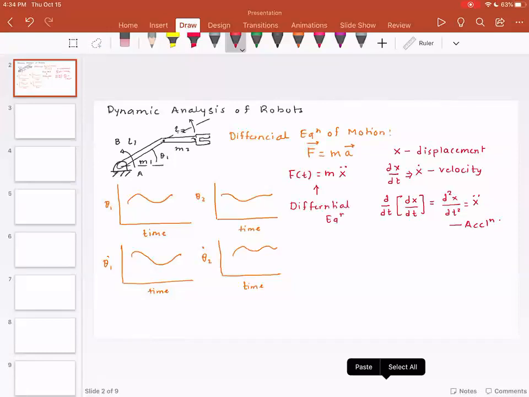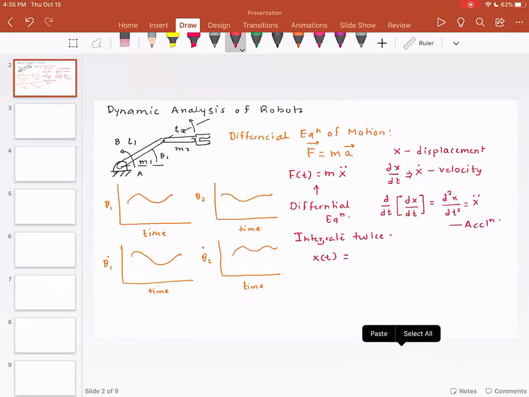And what I need to do is I need to integrate 2 times. So we need to integrate twice to find the relationship between x, which is the dependent variable, and time. Now, please understand, what does it mean to find the solution?